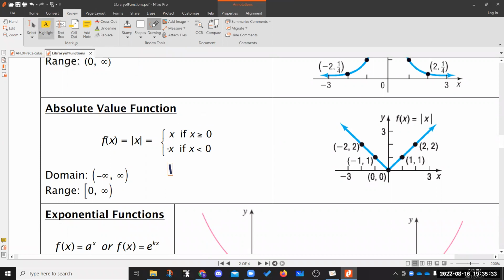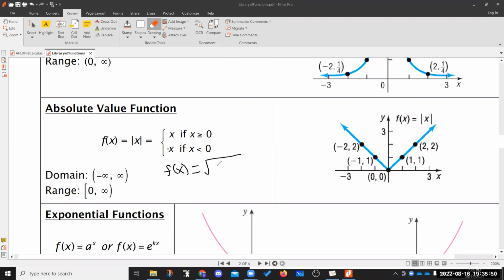It's not going to let me draw nicely in here in the PDF, so I'm just going to annotate with a Zoom, say this is the same thing as f of x equals the square root of x squared. That's also equal to the absolute value of x.